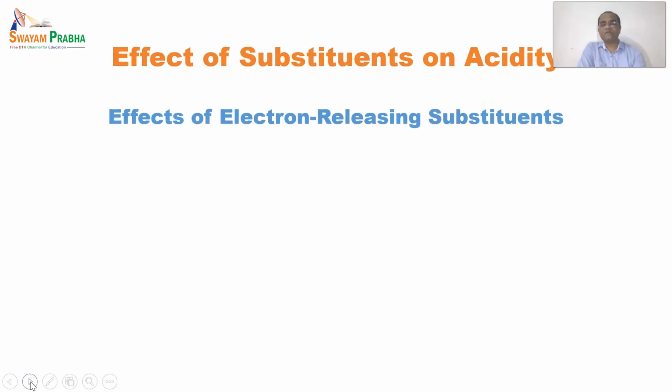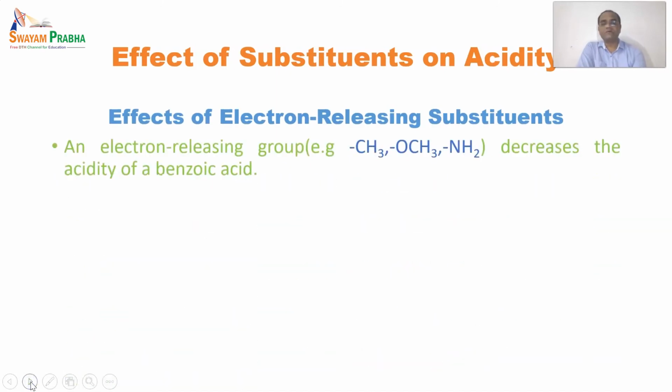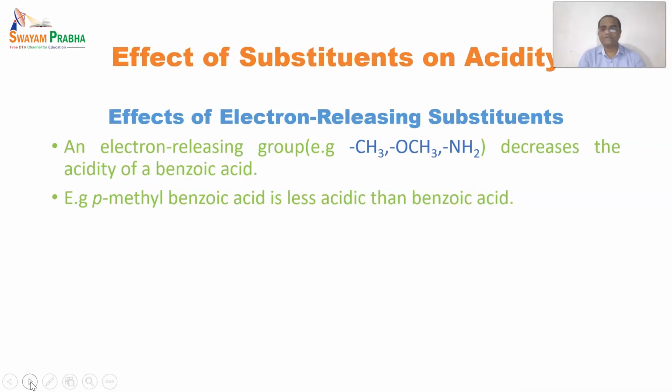Now the next part: the effect of an electron releasing group. Electron releasing groups such as methyl, methoxy or amine decrease the acidity of a benzoic acid.